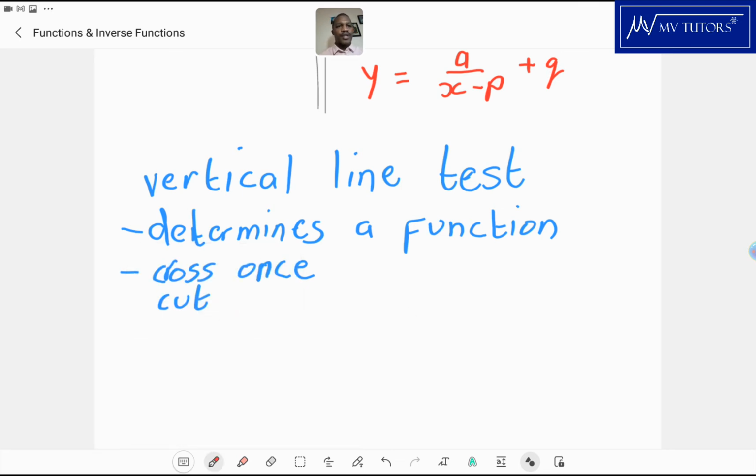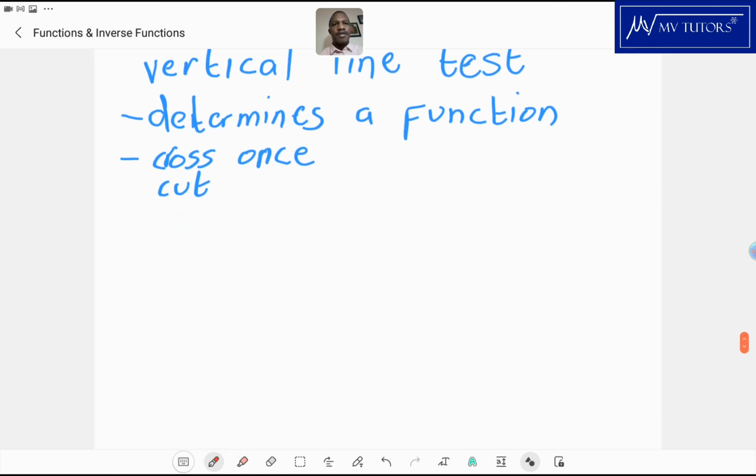Now, let's talk about inverse. Oh, sorry. Let me take this off. Inverse functions. Now, how do you make something an inverse function?